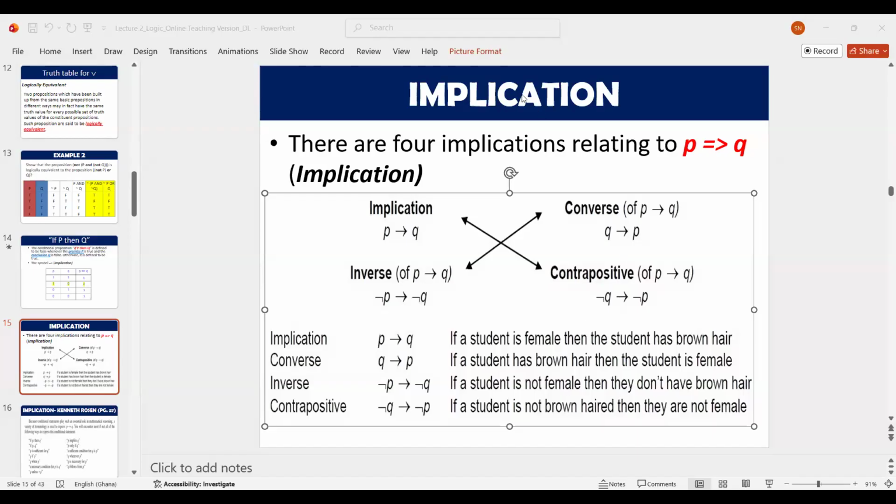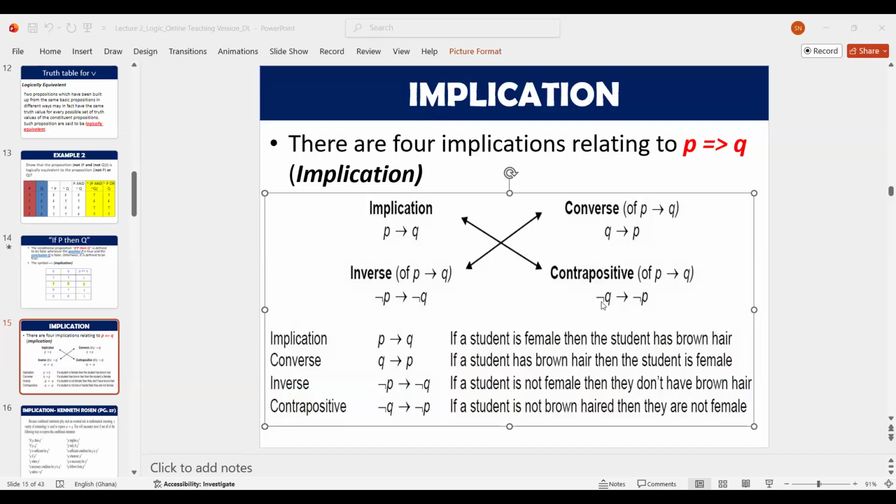Okay, so we said the implication or the conditional connective, P implying Q. If you change their order, Q implying P, then it becomes the converse. Or if you negate P and let it imply the negation of Q, it's called the inverse.